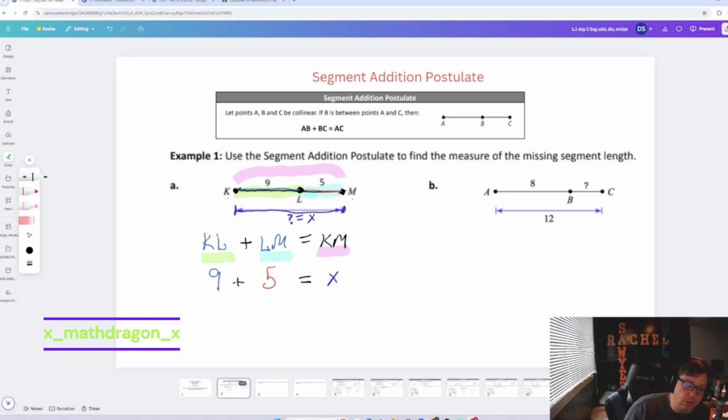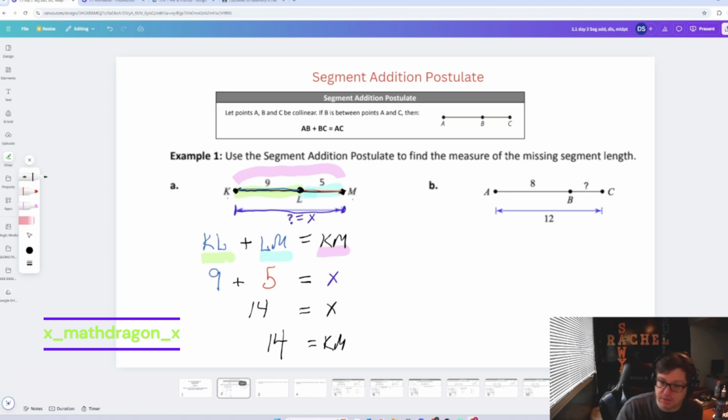Okay, so I've substituted 9 in for K to L. L to M is 5, and then K to M is what I'm looking for, my variable. So 9 plus 5, well, that's 14, equals X, and X originally was KM. So KM equals 14. Now I've found my solution.